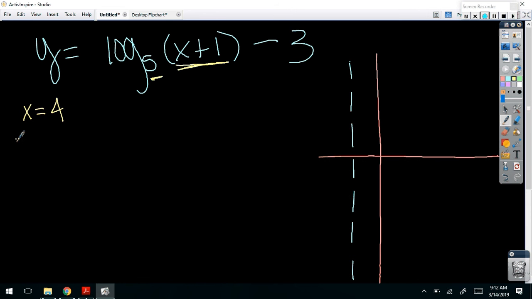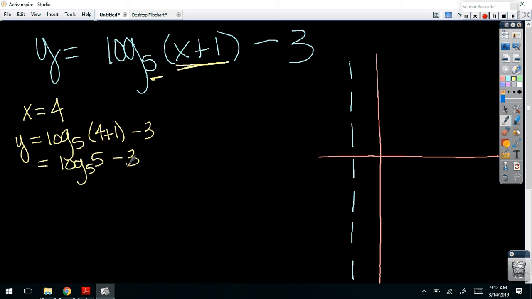Because when X is 4, that means I have log base 5 of 4 plus 1 minus 3, which is log base 5 of 5. And we know that any time the base is the same like that, it just simplifies down to 1 minus 3. Negative 2. You go ahead and put it in.